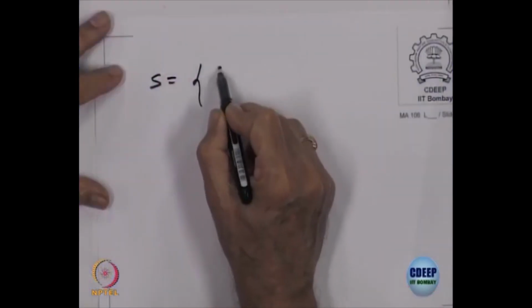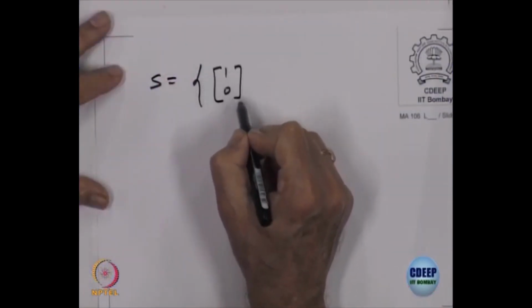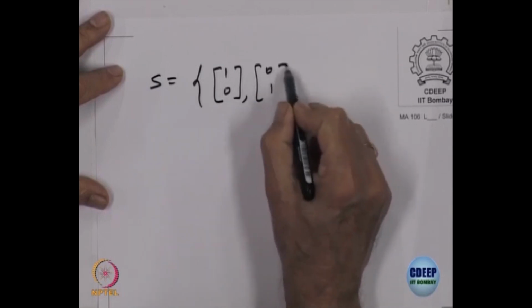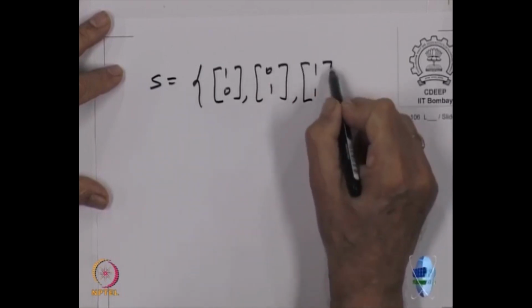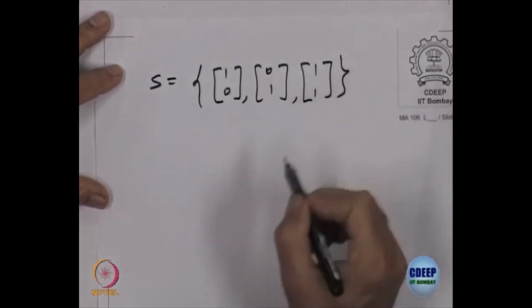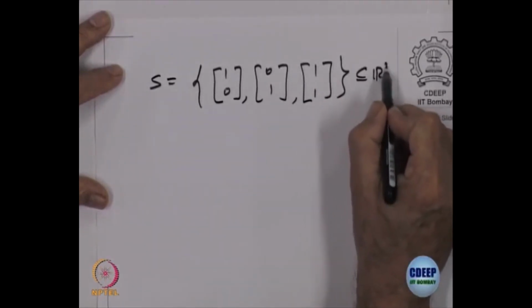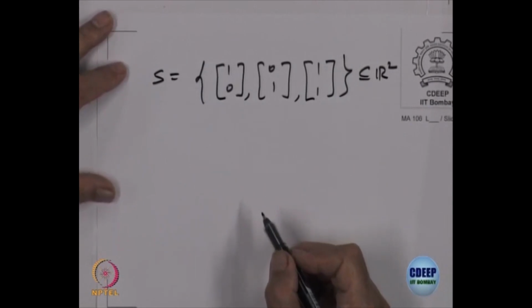Let us take one more example to understand what we are doing. So, let us take the set S to be equal to, I am taking again 1 0, 0 1, and let me take 1 1, 3 vectors now in R2, right.